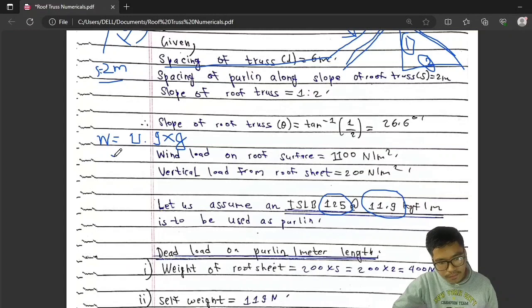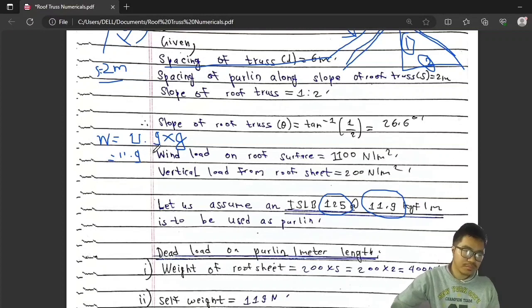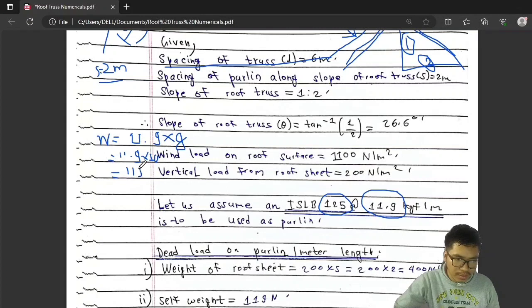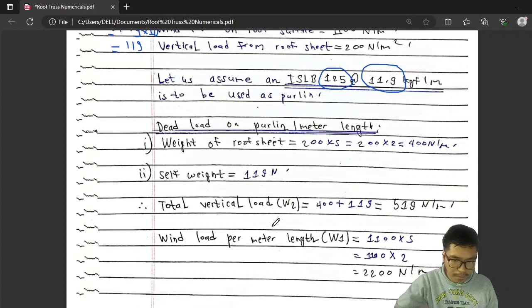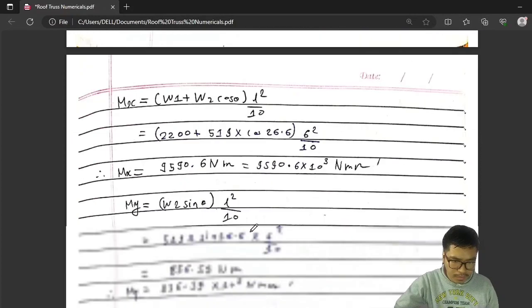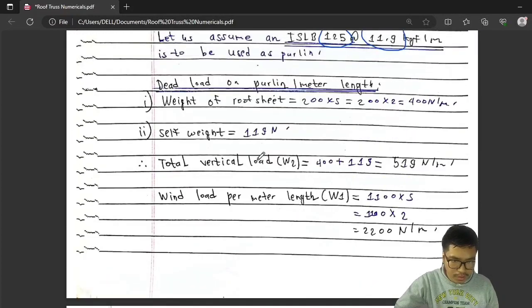So 11.9 and g is 9.81 meter per second square, but we can approximate it as 10. So 11.9 into 10 is 119. Weight is 119 Newton. The unit of force is Newton.